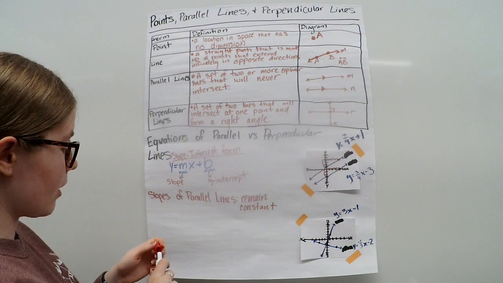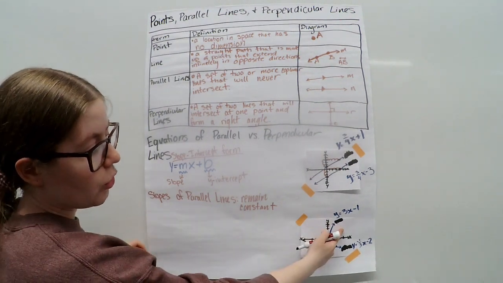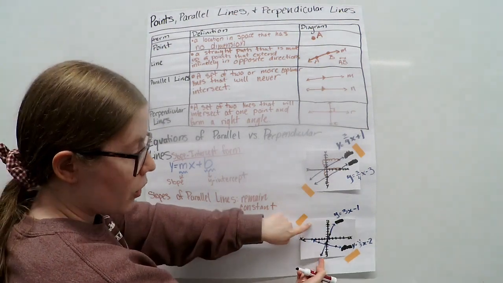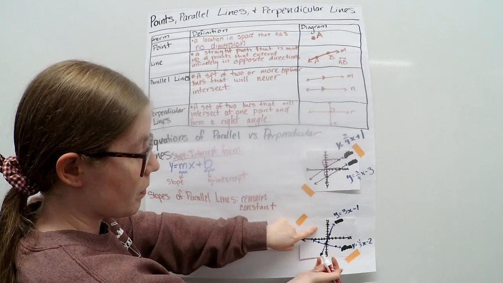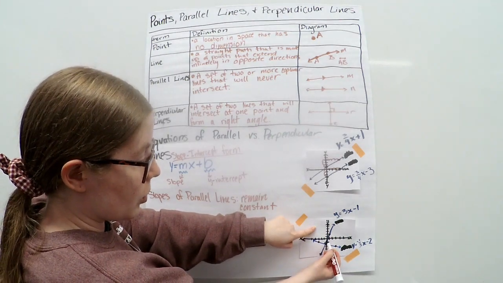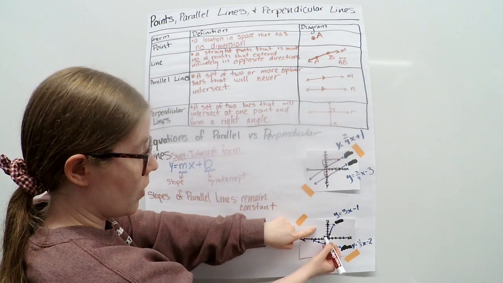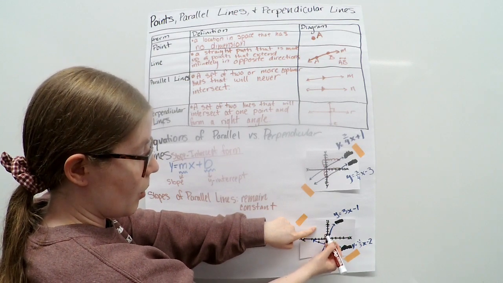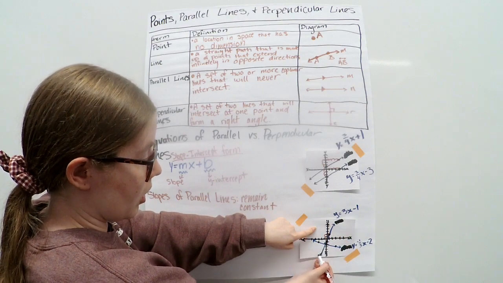So then next, if we look at our diagram down here, I've graphed two lines that are perpendicular. The first line has the equation of y is equal to 3x minus 1. So we'll start at our -1, and we'll go up 1, 2, 3 on our y's, and then we'll go over 1 point on our x to get our next point of our line.